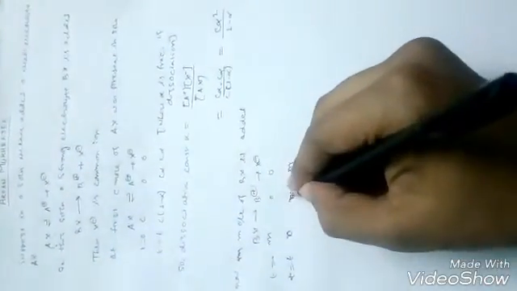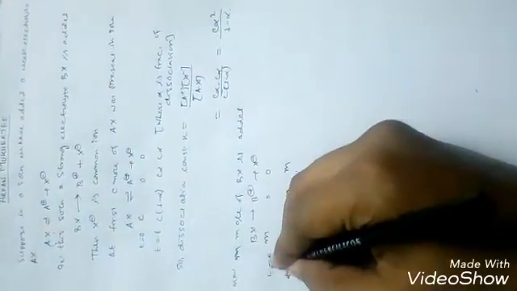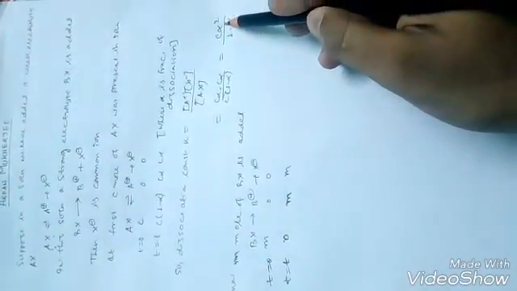As the dissociation of AX will decrease, what do we have to prove? That the value of alpha will decrease, and we have to prove the dissociation of AX will decrease.